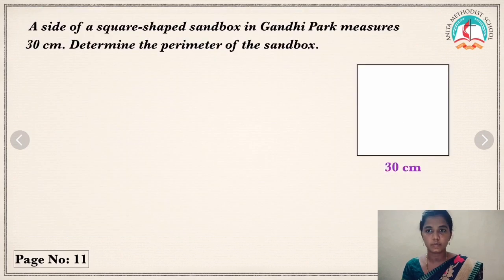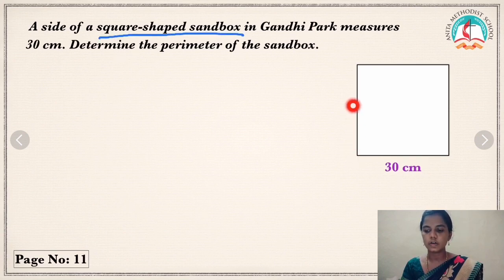It's my word problem. Okay, if the question is given in a word problem, how we need to find the perimeter. Okay, so here my question is, a side of a square shaped sandbox in Gandhi Park measures 30 centimeter. Determine the perimeter of the sandbox. Okay, here they given the clue as square shaped sandbox.